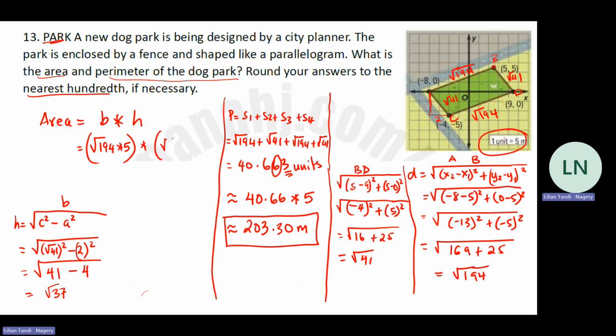Multiply square root of 37, and because this is unit and each unit is 5, you multiply by 5. So then now put this in the calculator all together.